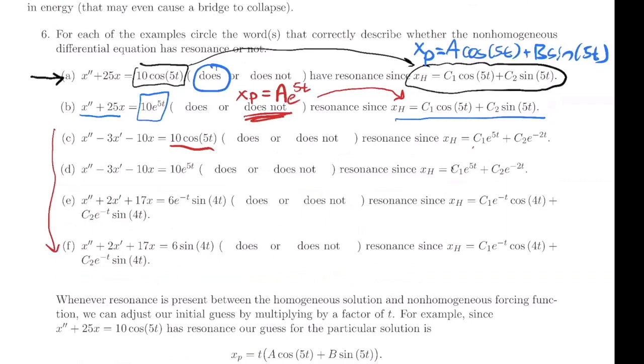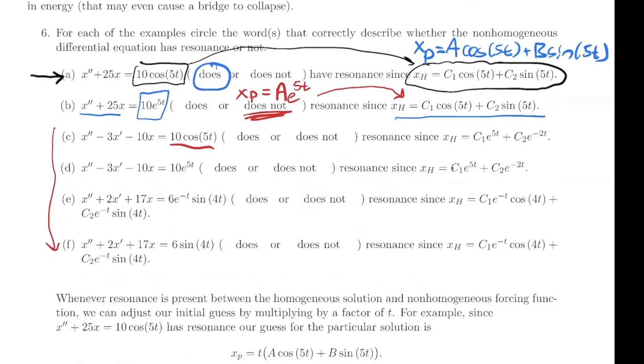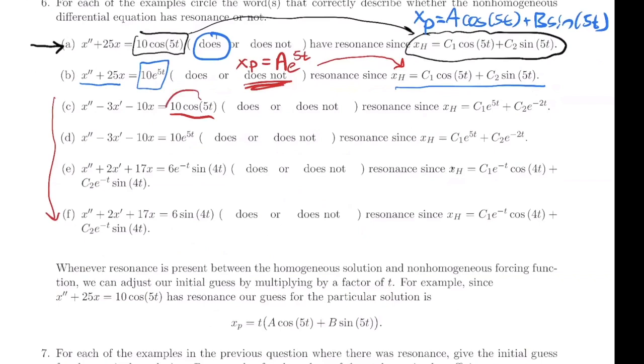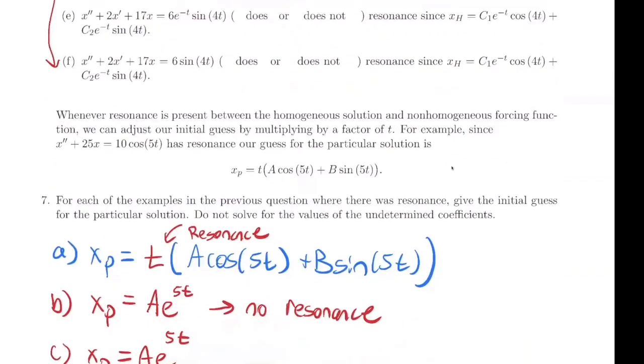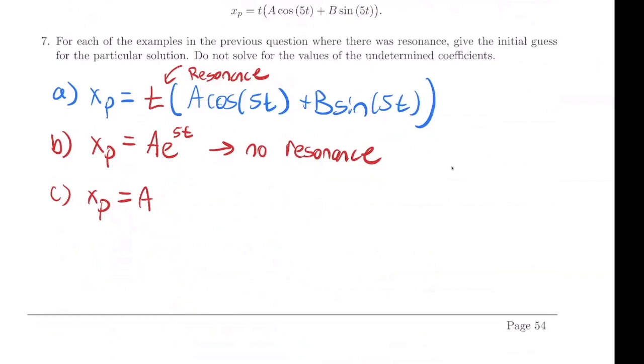Oh, sorry, I was doing B. C was this one over here, excuse me. So our guess would not be an exponential. It would be some combination of cosine 5t and sine of 5t.